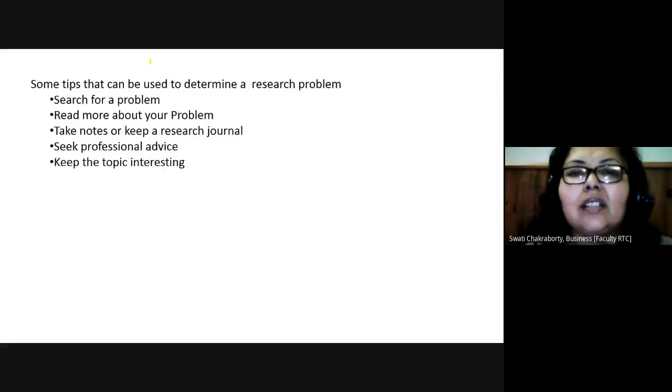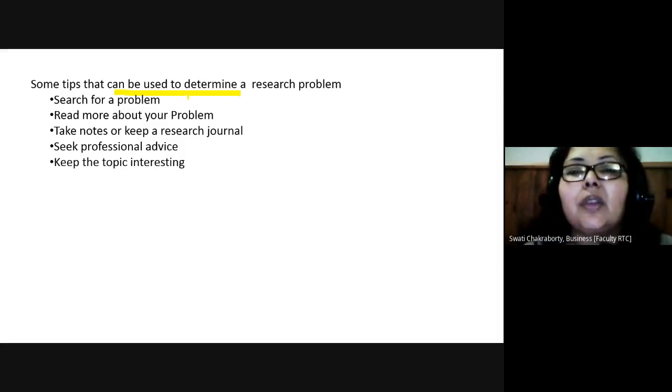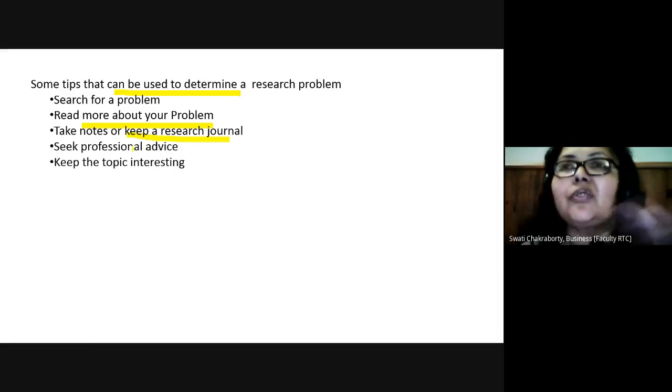Okay, these are some of the tips that you can use for defining or determining research problems. Search for a problem, read more about the problem, start taking notes, and keep a research journal which you refer to throughout the process of your research or project, until you finally write your report.